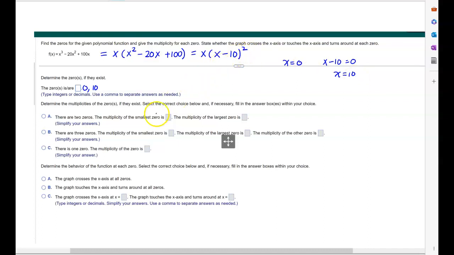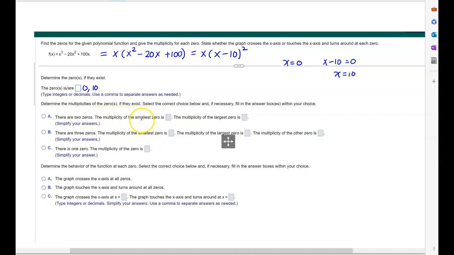Okay, and also you have to be very careful when answering this type of question. So it says here there are 2 zeros, so that you know that A is the answer. The multiplicity of the smallest zero, what is the smallest zero? Between 0 and 10, which one is the smallest? That is 0, right?